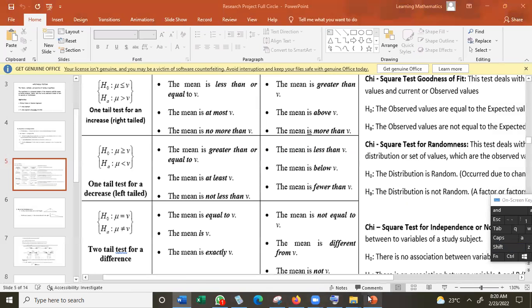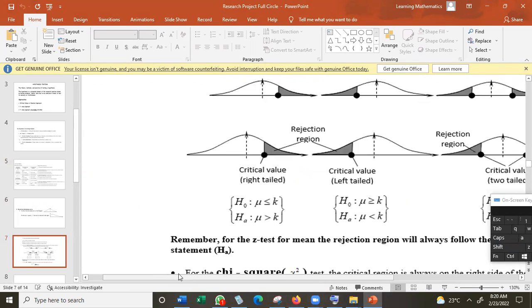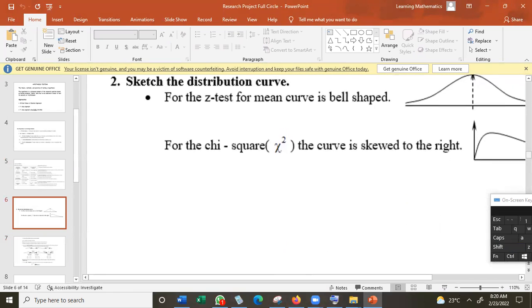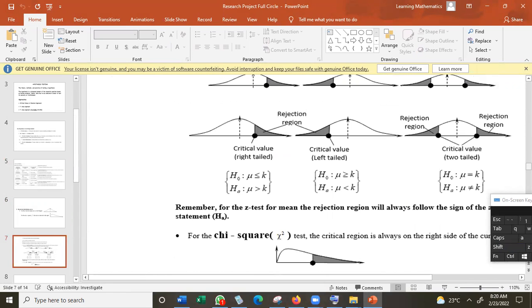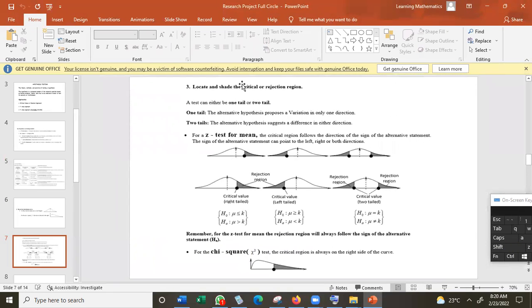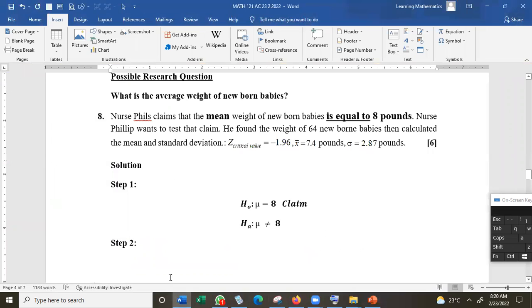Step number three, shade the critical region. And step number four, place the critical value on the critical region. So we have three steps to do there, and we can call them steps 2, 3, and 4.